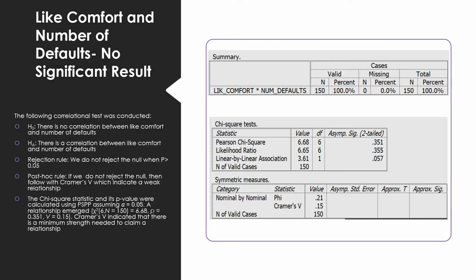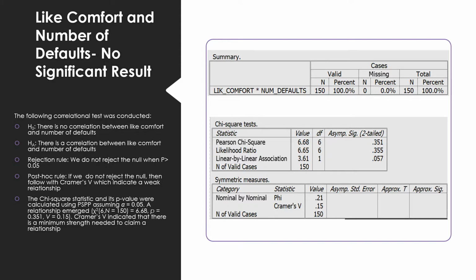So the chi-square with degrees of freedom of 6 and a frequency of 150, the chi-square is 6.8 with a p-value of 0.351 and a Cramer's V value of 0.115, which indicates that there is a weak relationship again.